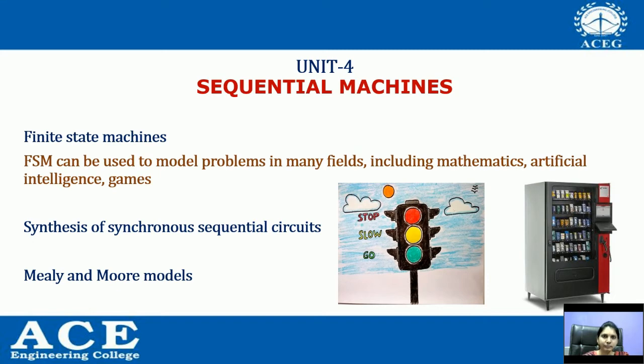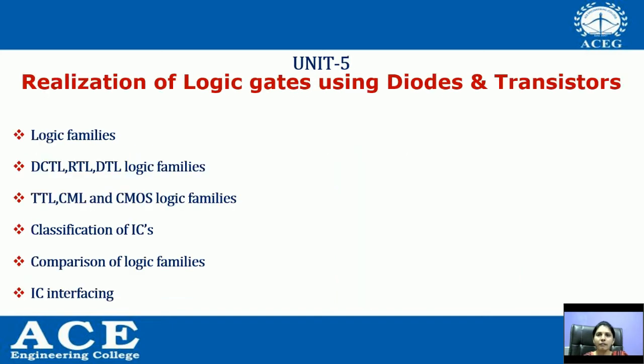After this, we learn synthesis of synchronous sequential circuits. Next, Mealy and Moore models. Now, we move on to the last unit, that is fifth unit, which is realization of logic gates using diodes and transistors.